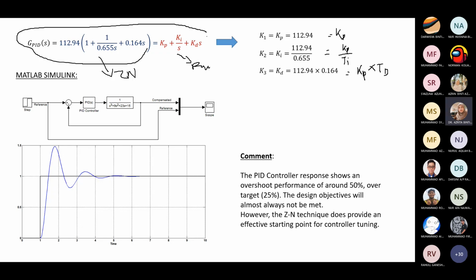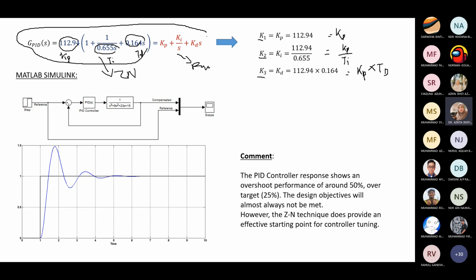Okay, so here is the value of Ti and the value of Td is here, and here is the value of Kp. So we just put all these values into the equations so we can determine the values of K1, K2, and K3.